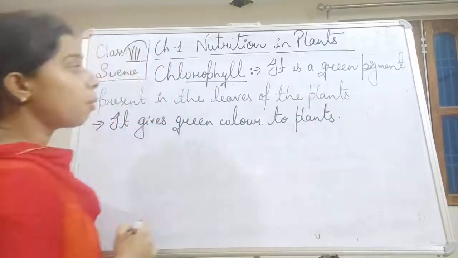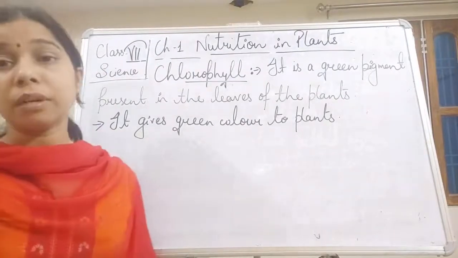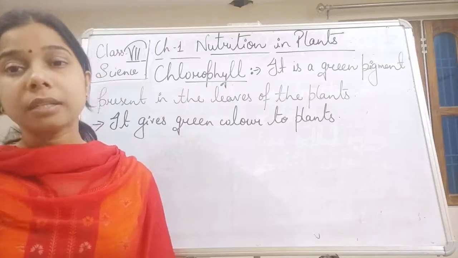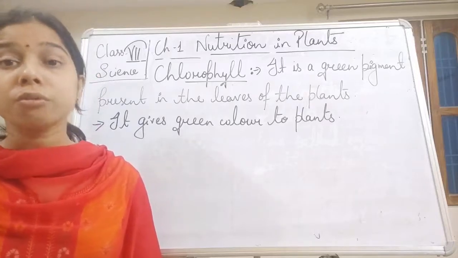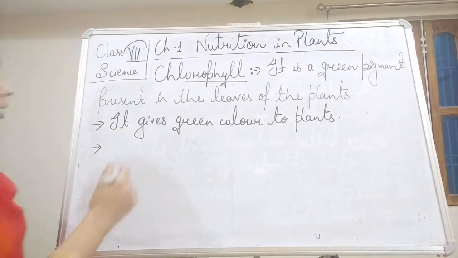Now basically, what is the role of this chlorophyll? It has a tendency to absorb sunlight. So it is there in the leaves to absorb sunlight.